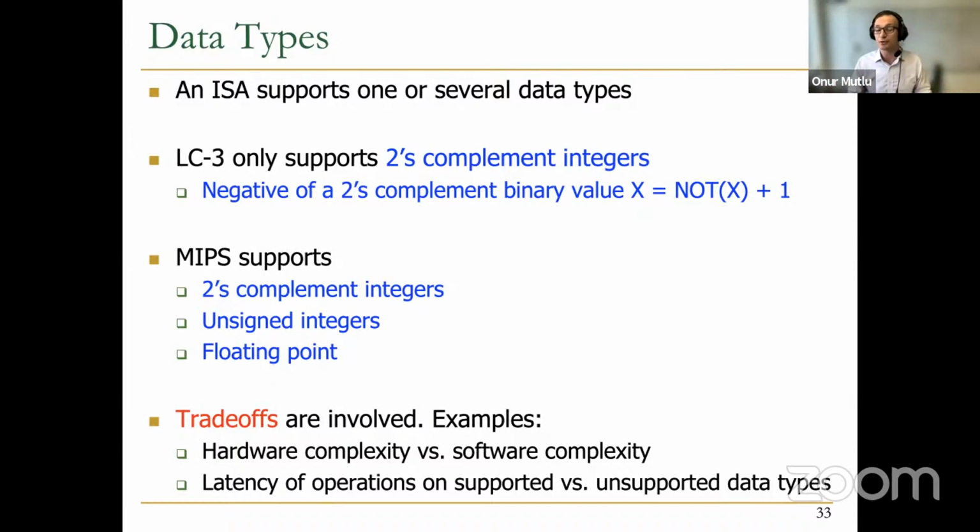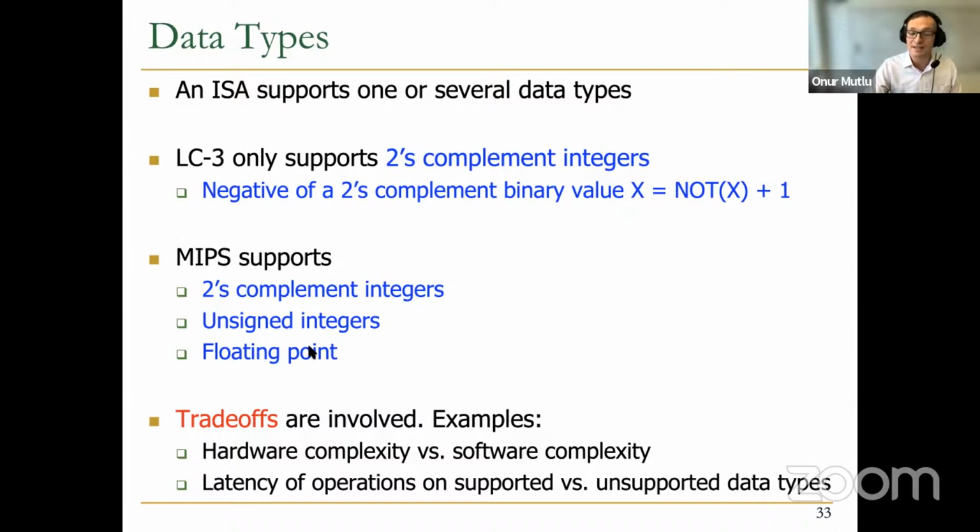They need to basically jump through a lot of hoops to make sure that they can manipulate numbers that are fractional, because the hardware doesn't represent them natively. They have to do it in software and emulate them using unsigned integers or 2's complement integers. As a result, software blows up, meaning you need to have a lot of operations to represent the values and also operate on the values. But hardware becomes simple, of course, in that case, right?